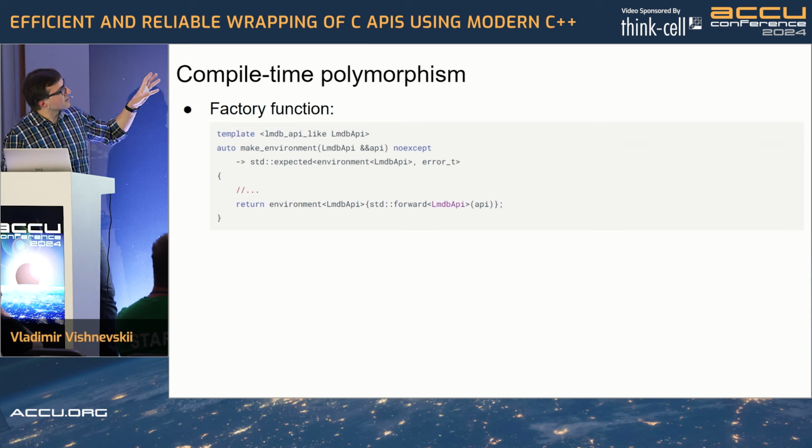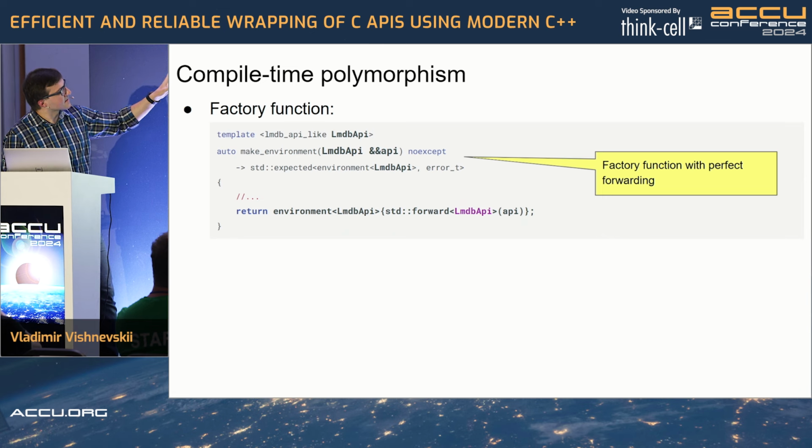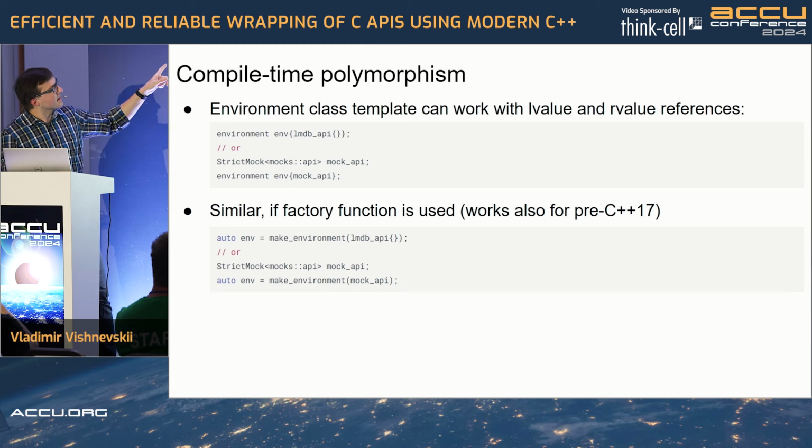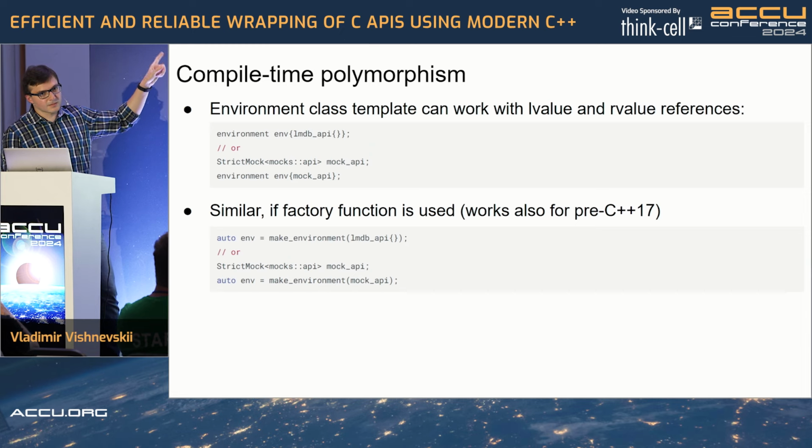The same thing can be achieved using a function template. And the idea is that this would enable those use cases: when we create the object, passing the proxy as an rvalue reference, or passing the mock as an lvalue reference.